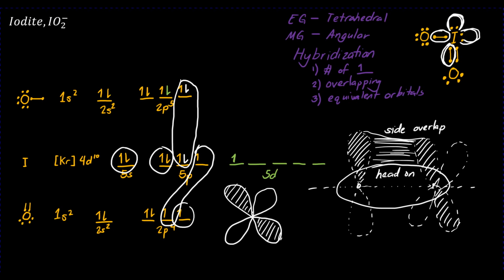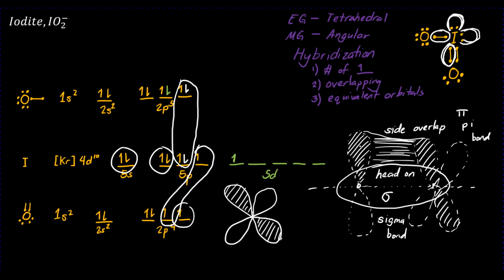We have a name for the first overlap, which is called a sigma bond, and then the side overlap is called pi. The symbol is pi bond. For you to understand this further, I encourage you to look at images of different sigma and pi bonds.